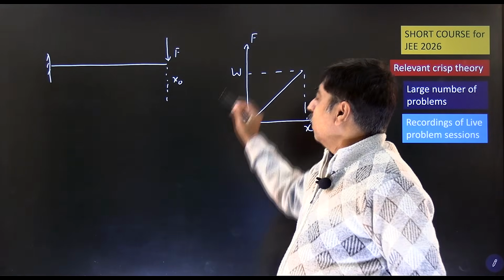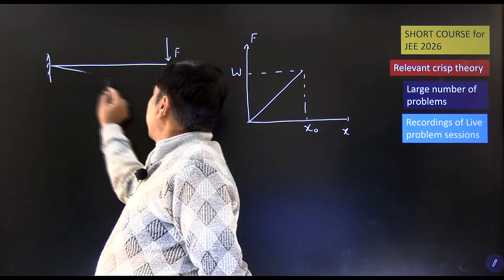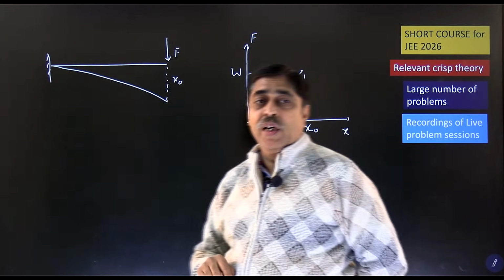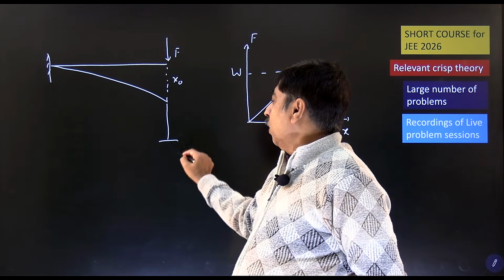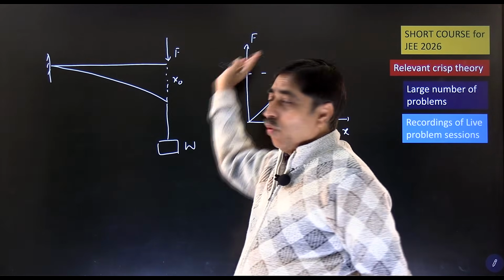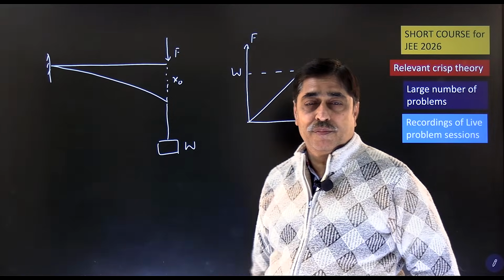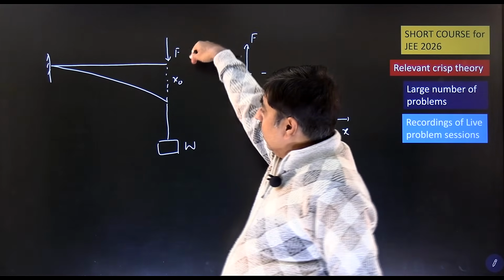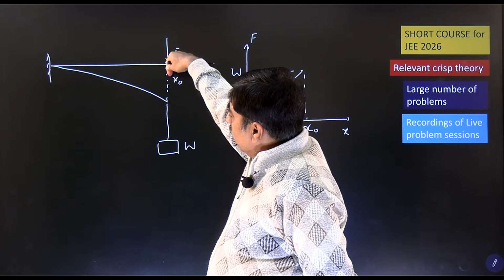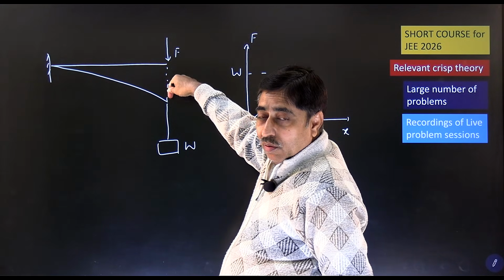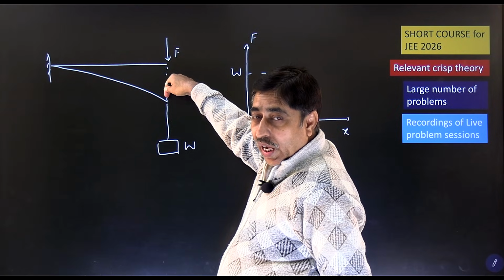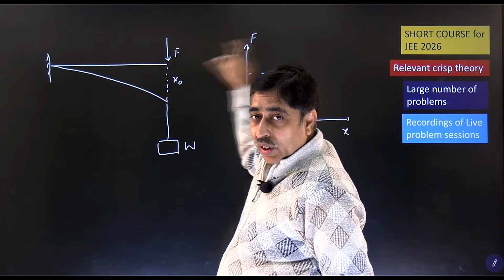The question says when the rod is finally bent like this, when the end B is down by x naught, you hang a weight W and remove your force, the rod stays there. What are you doing? You are increasing the force. To bend it more, you have to increase the force. Now, hang a weight W and release it.